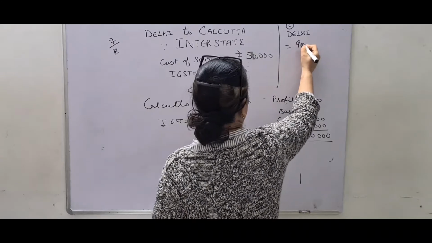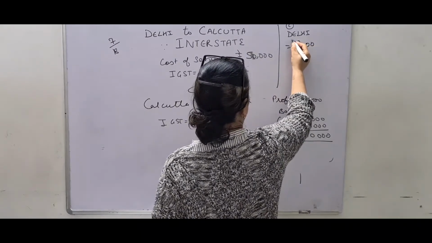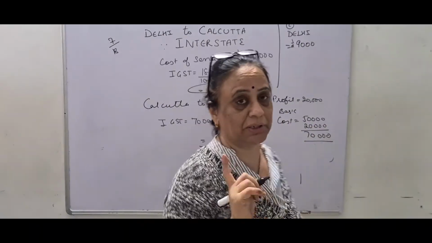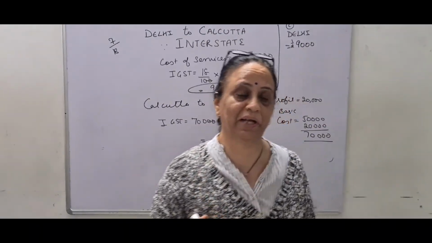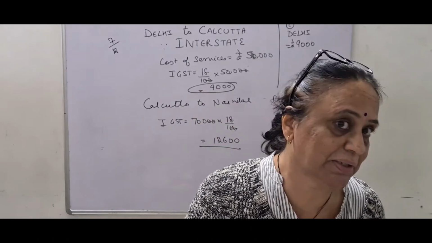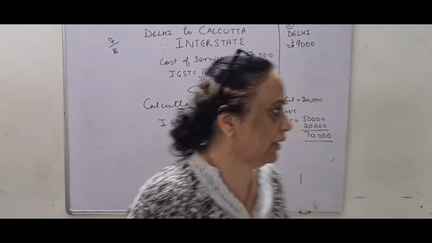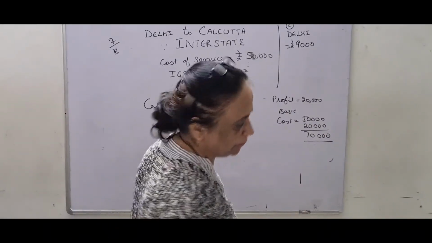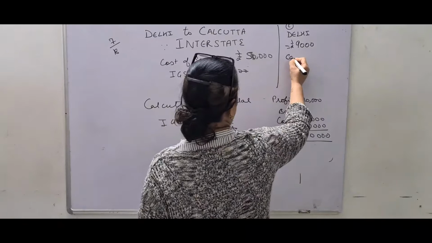Don't get confused. They have asked you not tax liability. They have just asked you the output tax. If it was tax liability, you know what to do, output tax minus ITC. But they have just asked you output tax at Delhi. It will be 9,000.